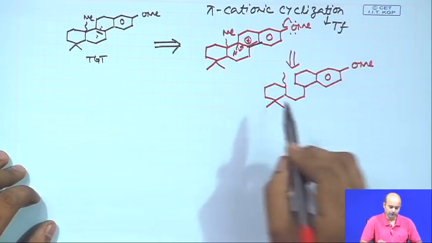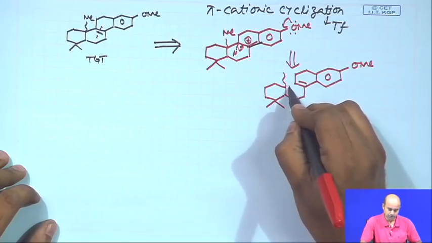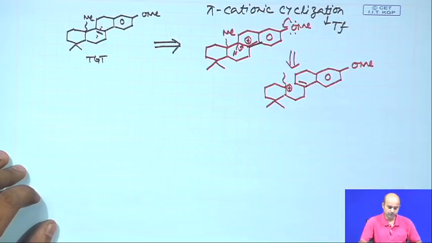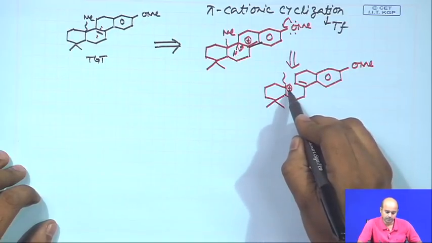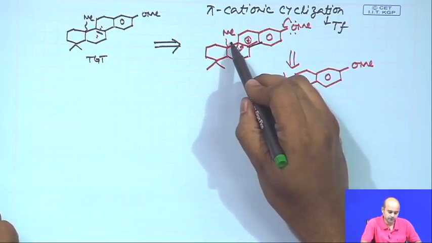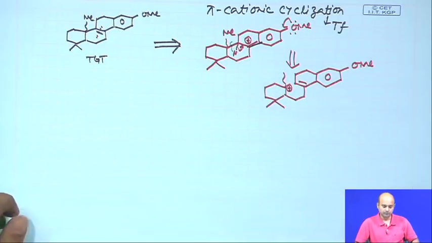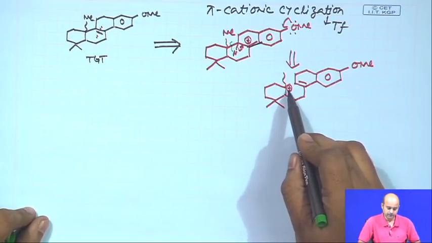They said there are 4 rings, and now we will put a carbonium ion on this carbon. So, we are disconnecting this particular bond. Now, what is the driving force? The driving force is a tertiary carbocation.